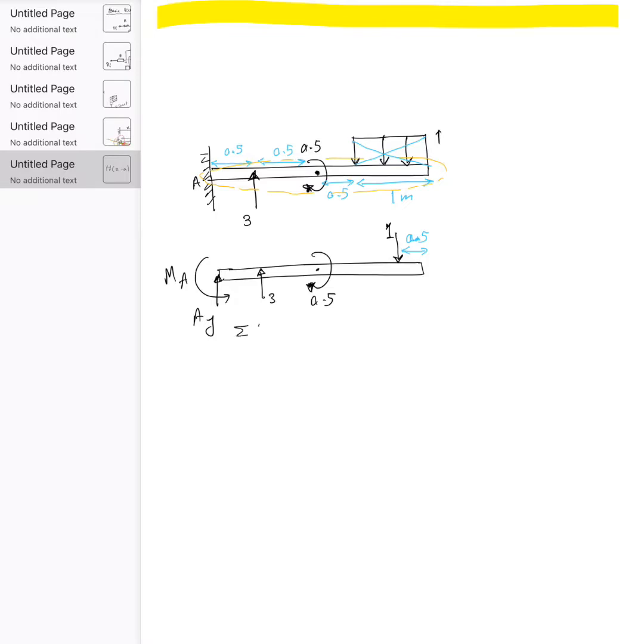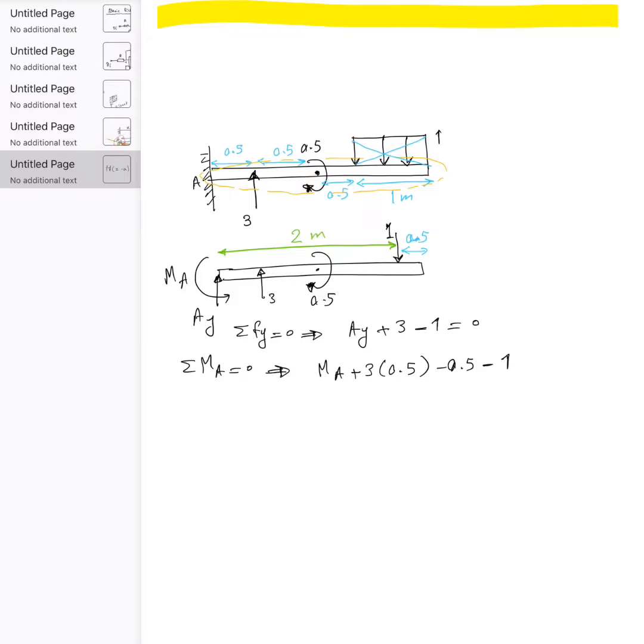So summation of force in Y equal to 0 gives me AY plus 3 minus 1 is equal to 0, and summation of moment about point A is 0, so I get MA positive, plus 3 times 0.5, positive, negative 0.5 couple moment, and then negative 1 times the distance, and the distance is from here to point A. So let's compute that distance. 1 to here, 1.5 plus half is 2, so that distance is 2 meters.